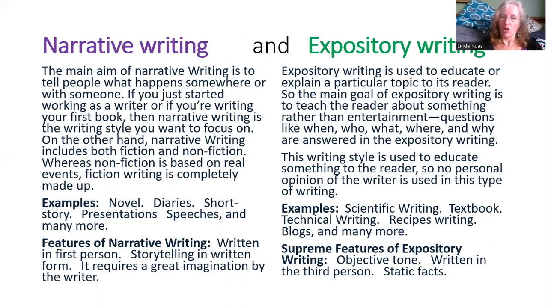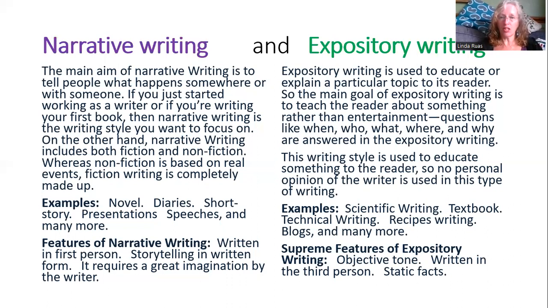Examples, novels or diaries, could be presentations or speeches, and look at the features of each one. So the features of narrative writing, it's normally written in the first person, or storytelling in a written form, and it needs a lot of imagination. So that's the features.